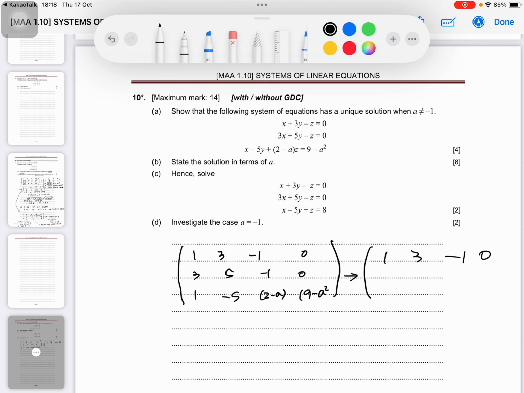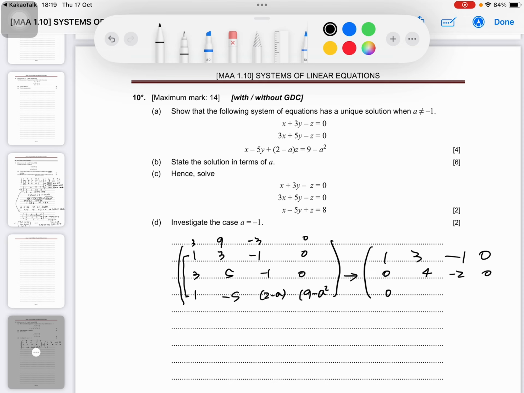Let me multiply the first line by 3: 3, 9, negative 3, 0. And subtract it from the second line: 0, 4, negative 2, 0. For the third line, I will subtract it from the first.